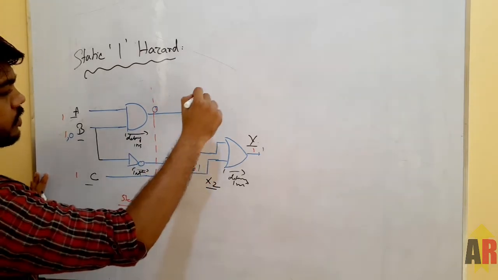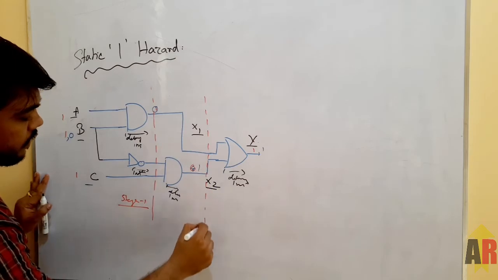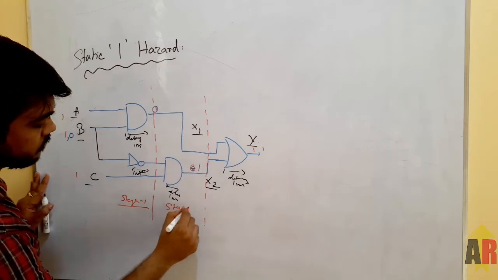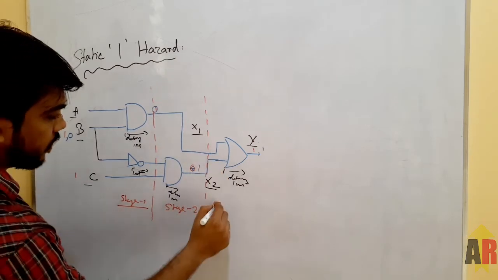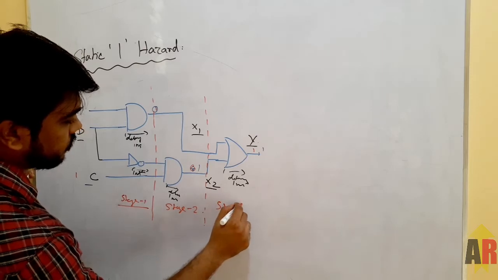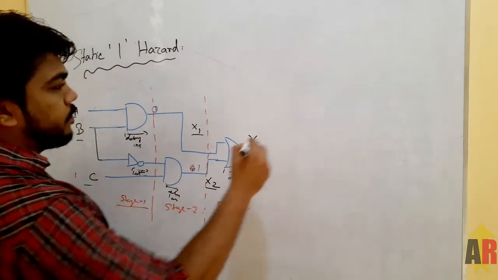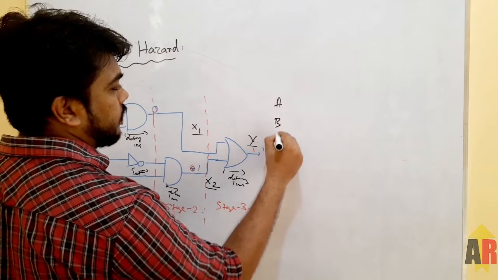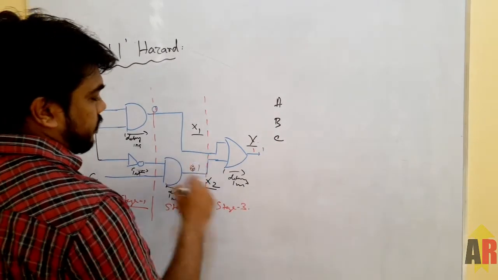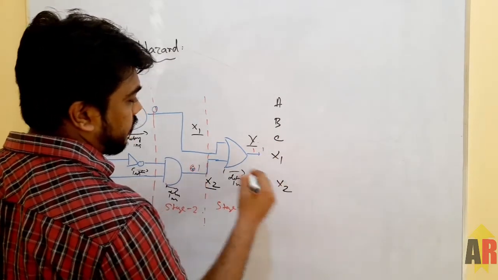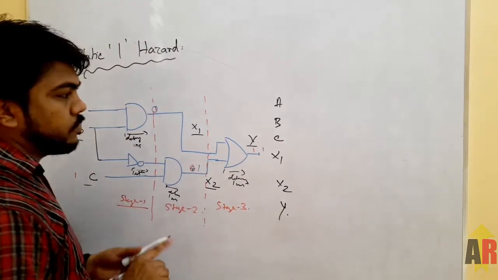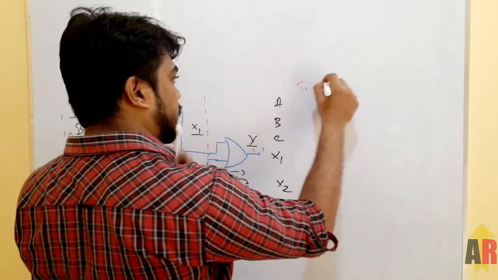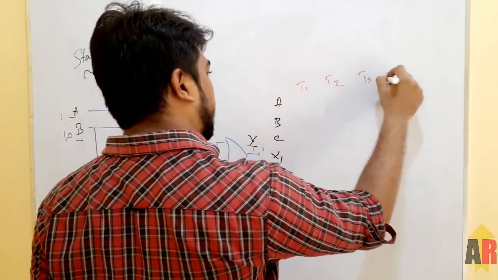So this part alone I will take as stage 2 and this part I will take as stage 3. Once again I am writing your inputs over here, the intermediates x1 and x2 over here, then y over here.